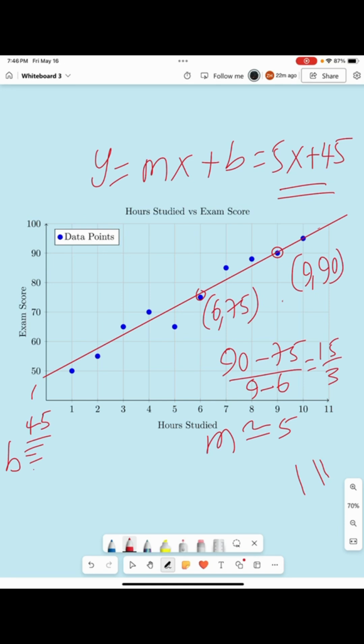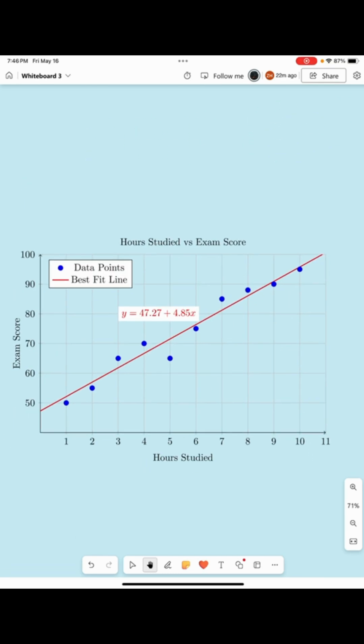You can do this by trial and error, create another line, maybe which is closer to the points, as close to the points as possible. But there is a strict, precise statistical method which you can use also. That one will give you precisely what the equation of this line is. And actually I have such a result which I would like to share with you. It is this one. This is the best fit line which the software has developed, plotted, and then gave us y equals 47.27 plus 4.85x.